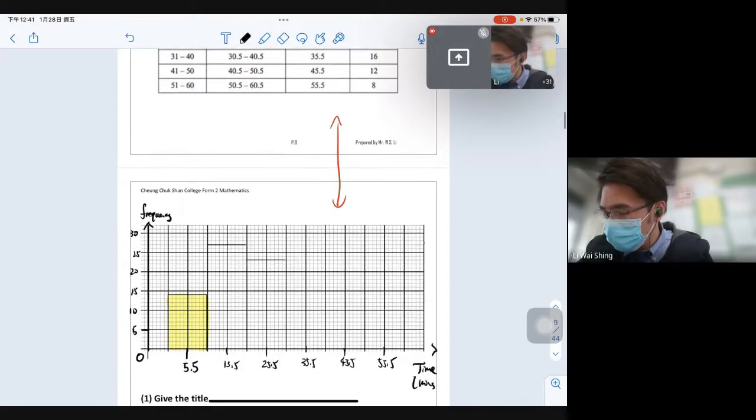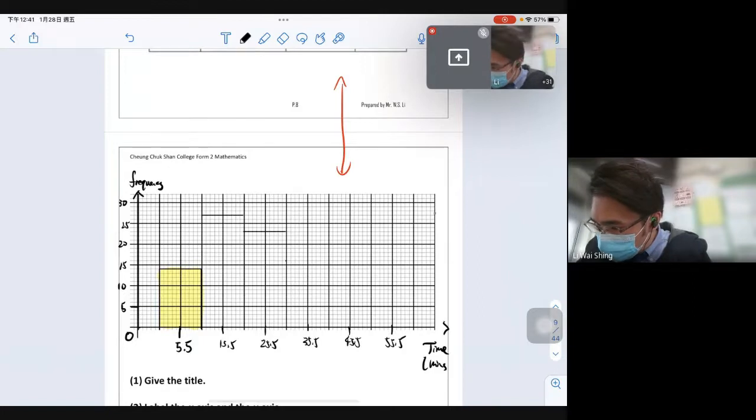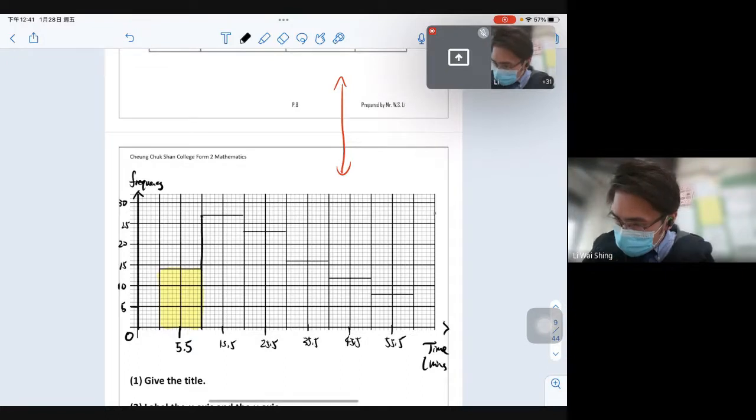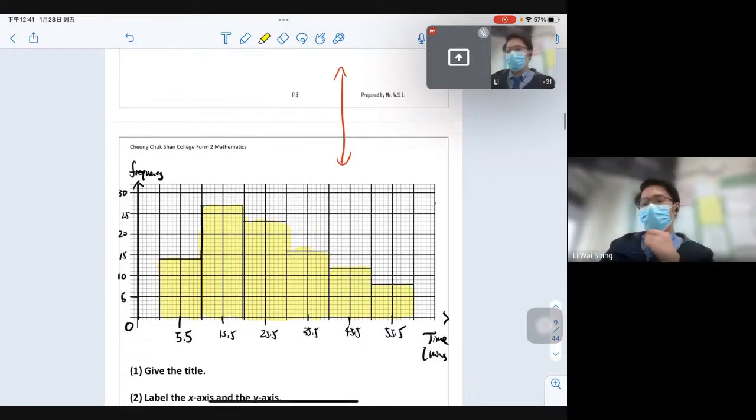Then 16, 12, and 8. So you just draw the bars out, and I'll color it. Then you will have a histogram just like mine. With the title, you write down the title yourself.